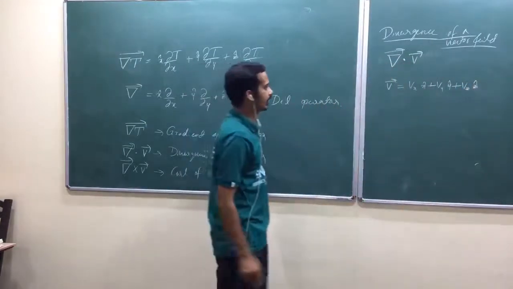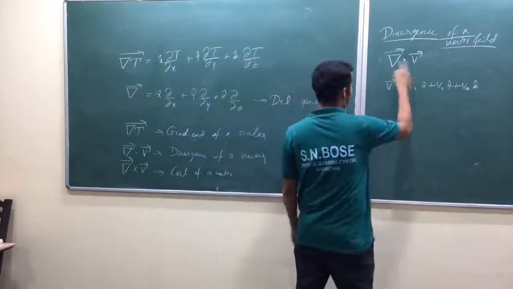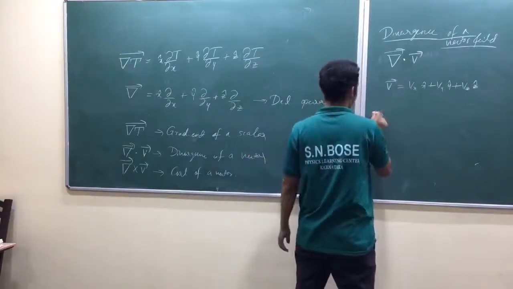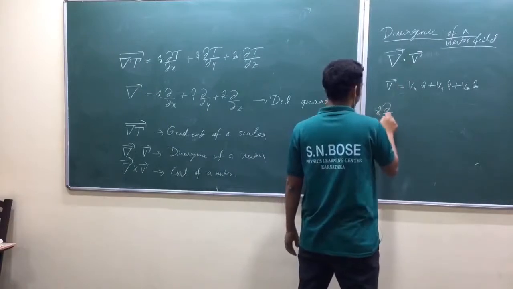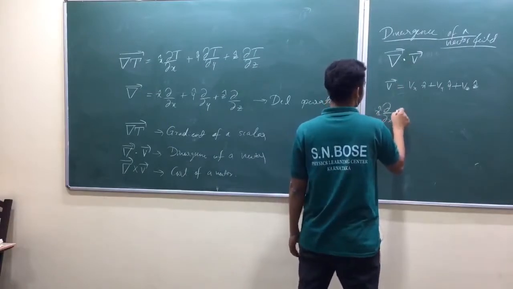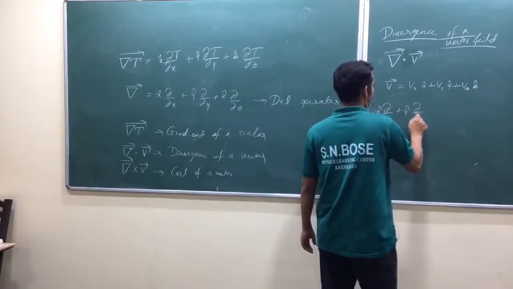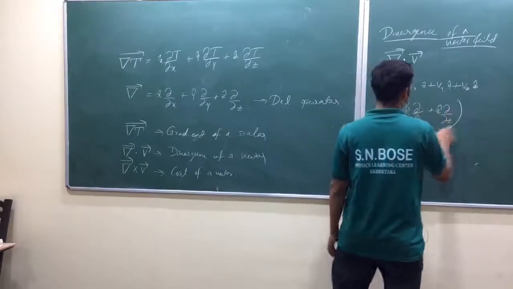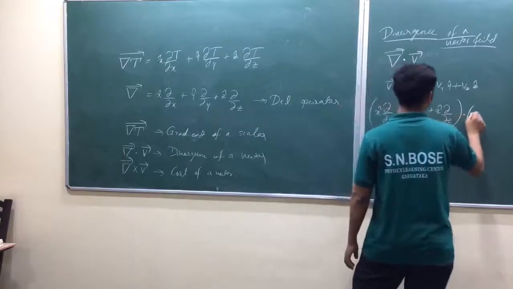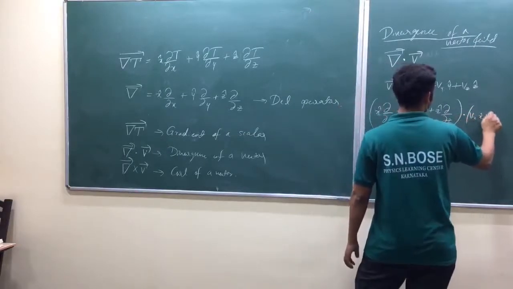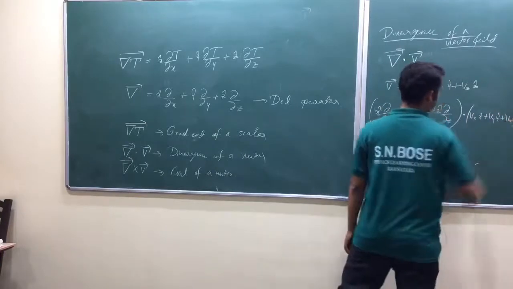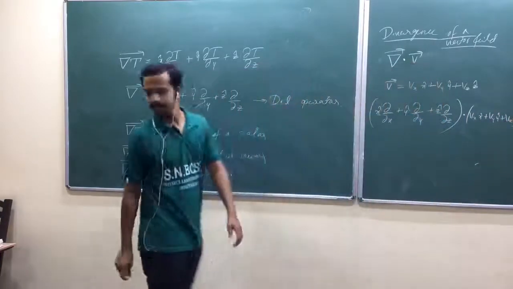Then what would happen? Write down the del operator: x cap dou by dou x plus y cap dou by dou y plus z cap dou by dou z, dot product with Vx x cap plus Vy y cap plus Vz z cap.